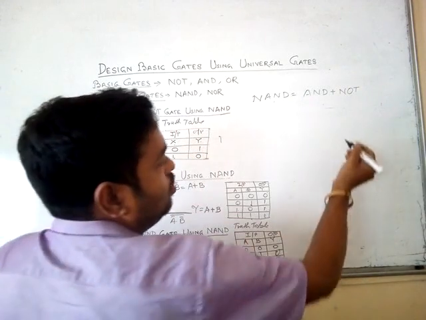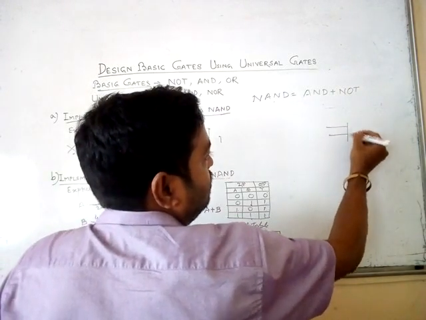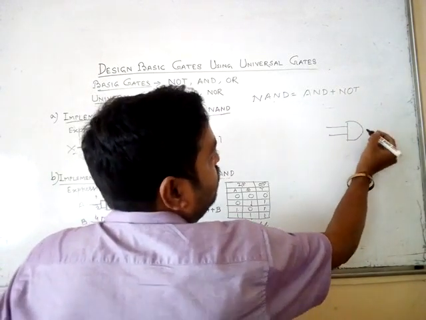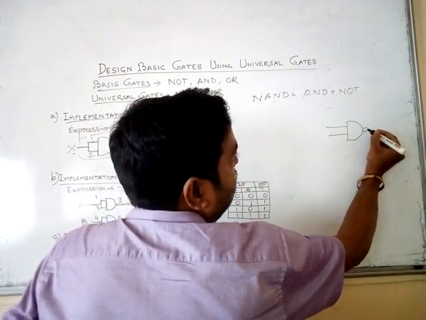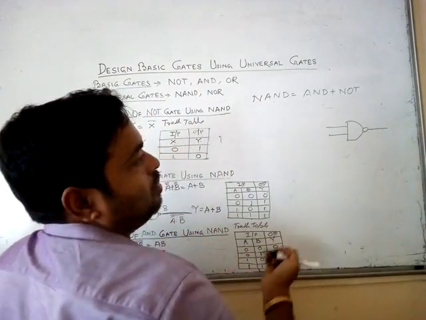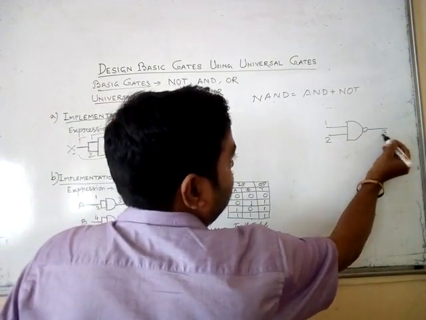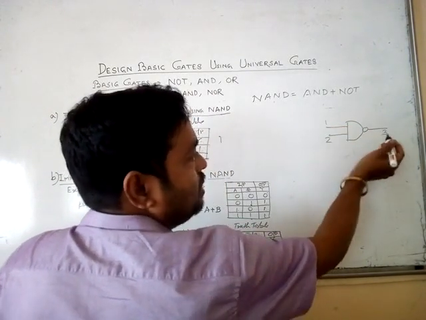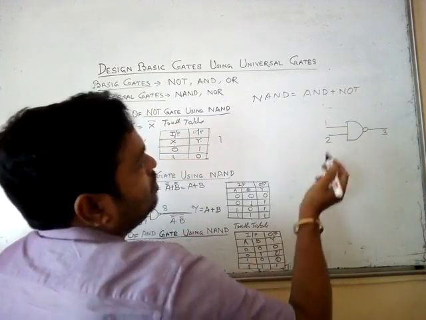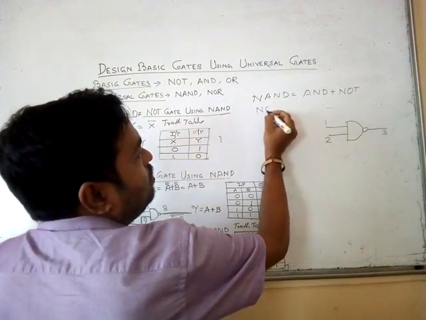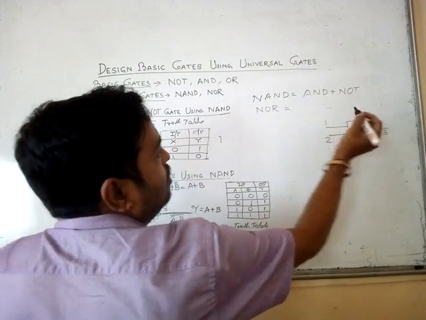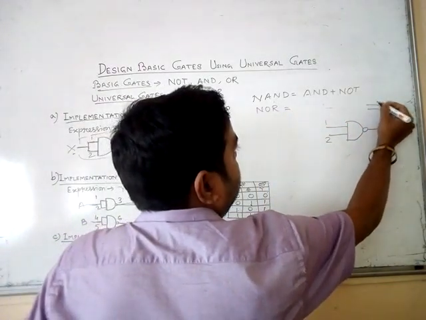Okay, so this is the symbol of AND, and NOT means you have to give a bubble here. So if you take any gate, 1, 2, 3, or 4, 5, 6 or 10, 9, 8, the NOT symbol is like that.